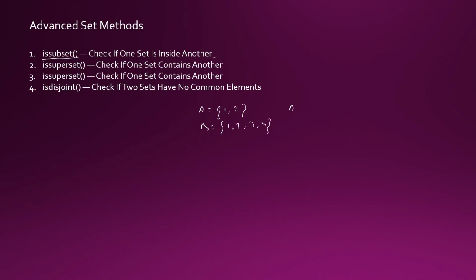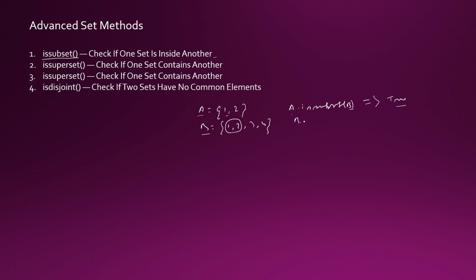Now if we write A dot issubset and pass B within it, it will give me the answer as true. Because A is 1, 2, and within the B set, 1 and 2 are present. That means A is a subset of B. That is why it is showing the answer as true.